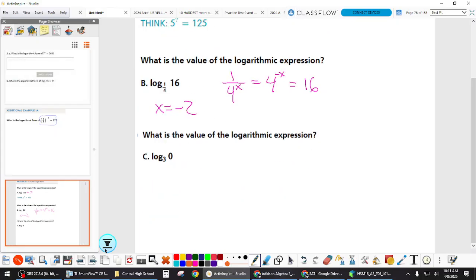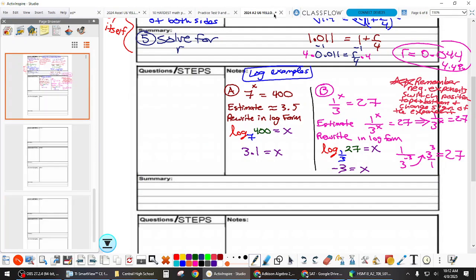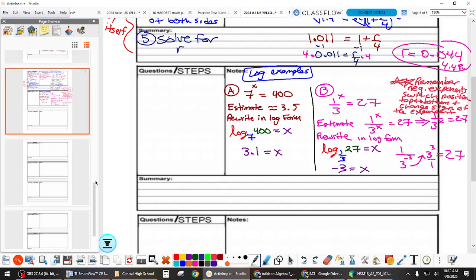Here's an interesting one. What does it ask? One person, raise your hand and tell us what this says. And you can use your notes for that. We just wrote it in quotes.